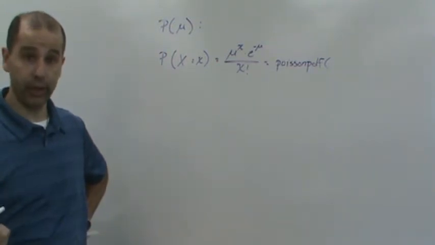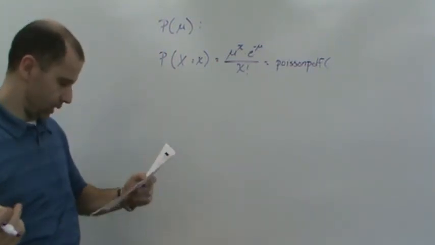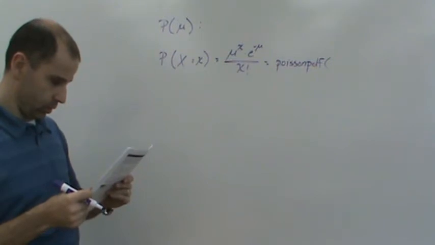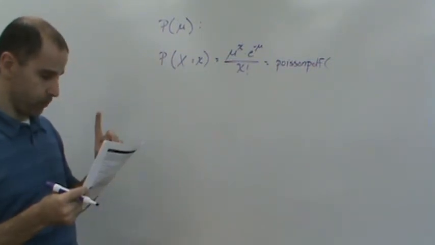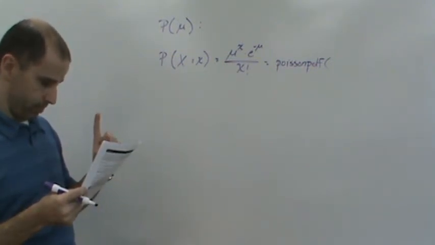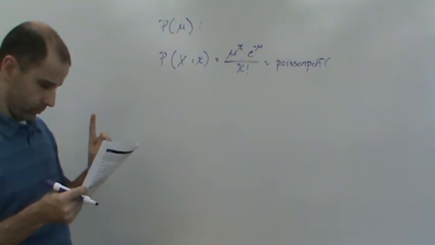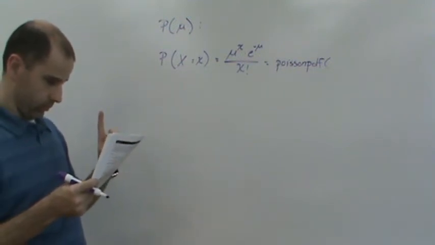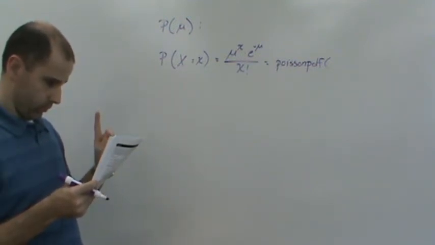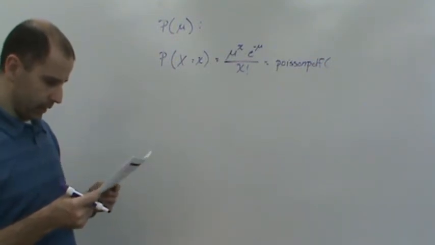And what you need to put into the calculator is going to be two arguments. You're going to have to put in, is it mu? Hold on a second. No, it's going to be, yeah, it's going to be lambda.